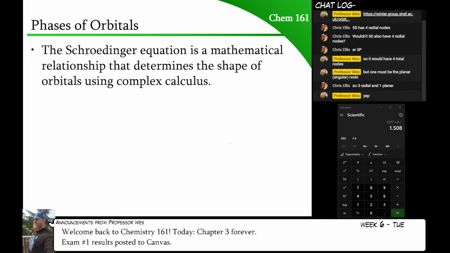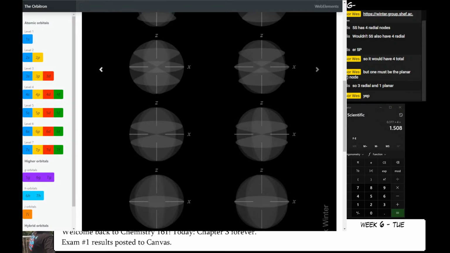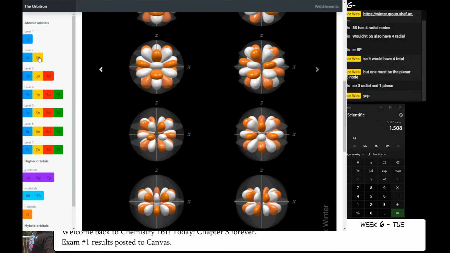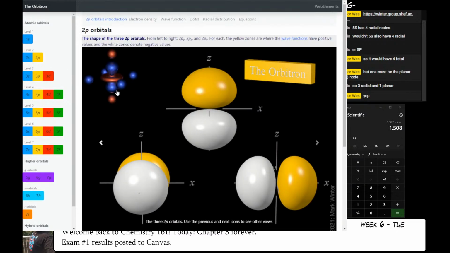All right. There's one little last thing to talk about for orbitals, and I can bring the Orbitron back up for this. You'll notice that the colors on the Orbitron, it just went to phases here. Let me just click on any 2p orbital. You'll notice that it's using a color scheme where the whole thing isn't one color, but instead is separated into two colors. The reason for this is because the Orbitron is trying to model the phases of an orbital.